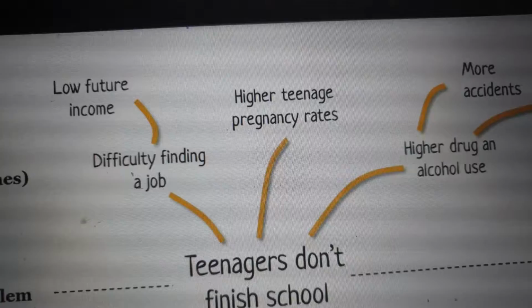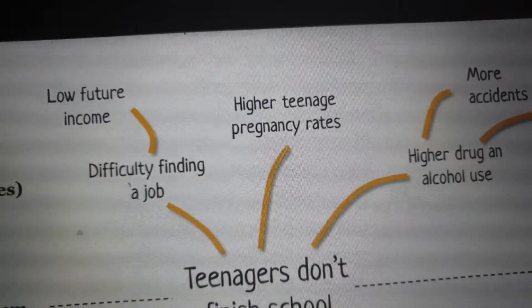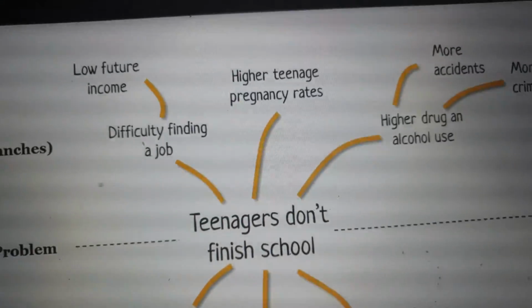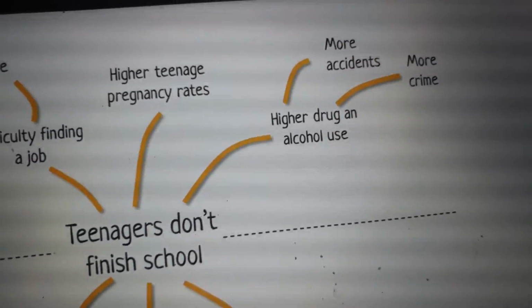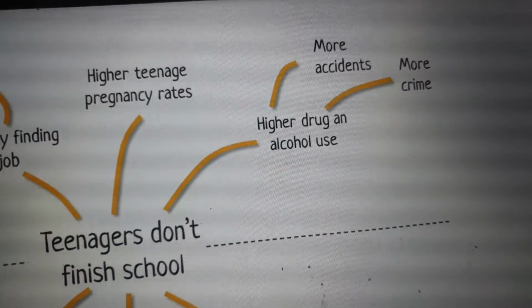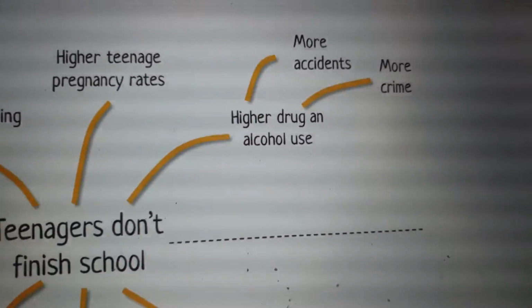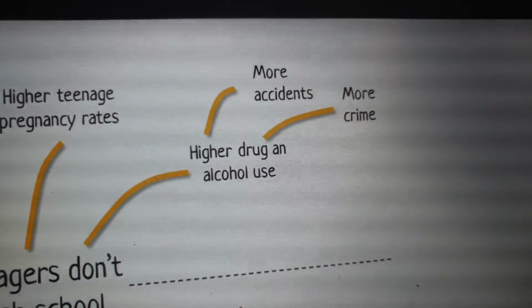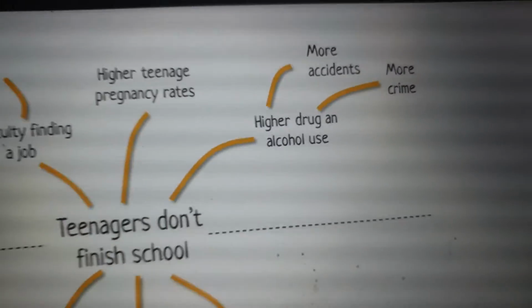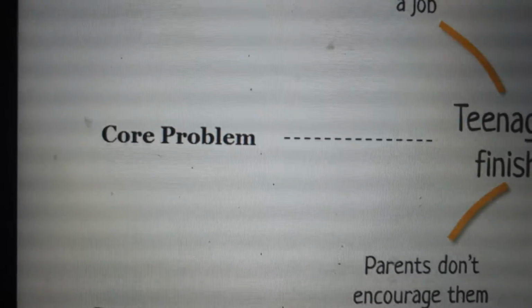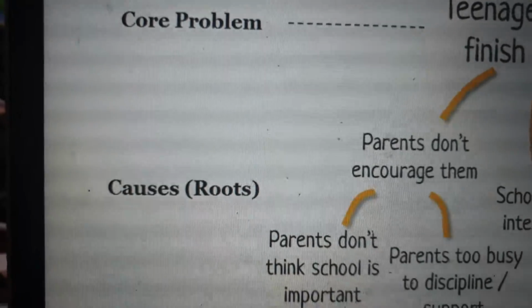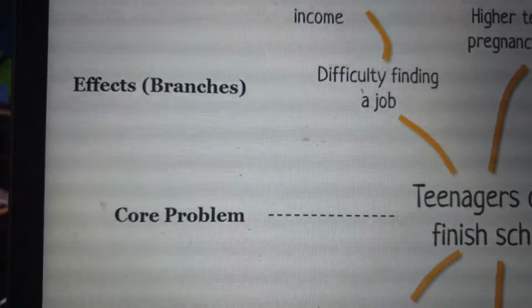Or else higher teenage pregnancy rates because they don't finish school. We saw in Machakos the other day. Higher drug alcohol use. More accidents. More crime. Ladies and gentlemen, you have seen that is the core problem. This is the causes, the roots, and this is the effect.